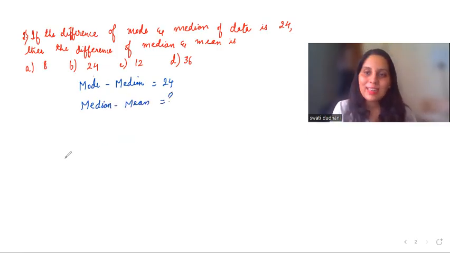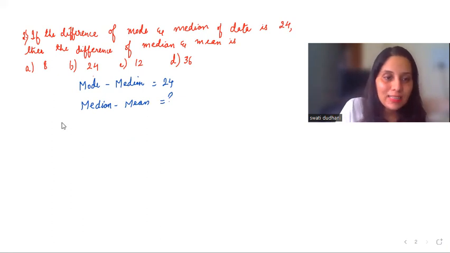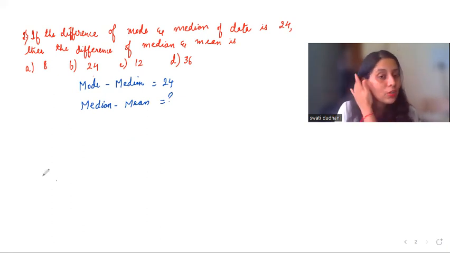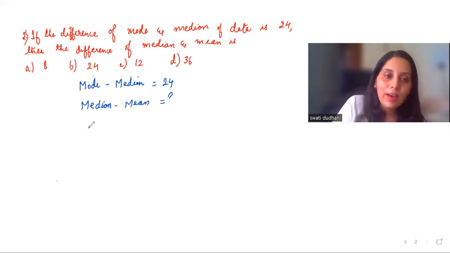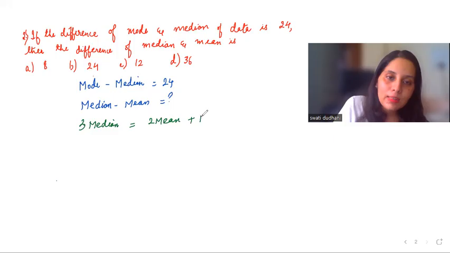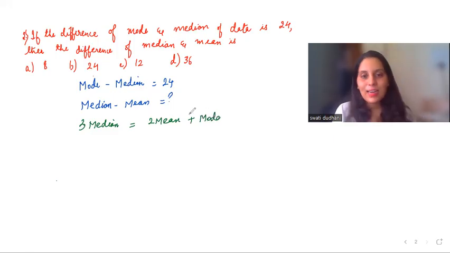So let's get started. What is the condition between mean, mode and median? We have the condition that 3 median is equal to 2 mean plus mode. This is the condition between mean, median and mode.